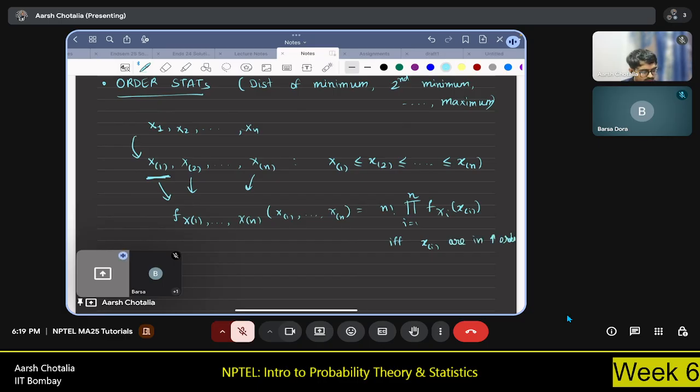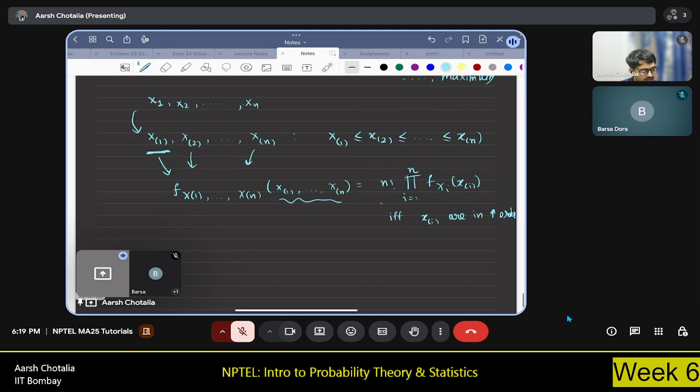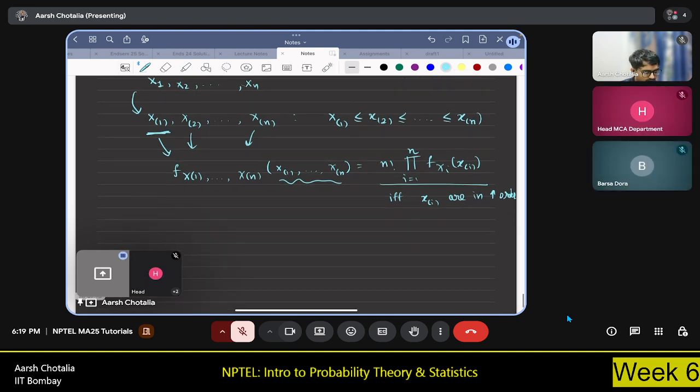If they are not, then it's not possible to get these numbers because by definition they are in ascending order. So if they are in ascending order, we have this formula. If they are not in ascending order, it's 0, right? And from that we can get marginal distributions also.